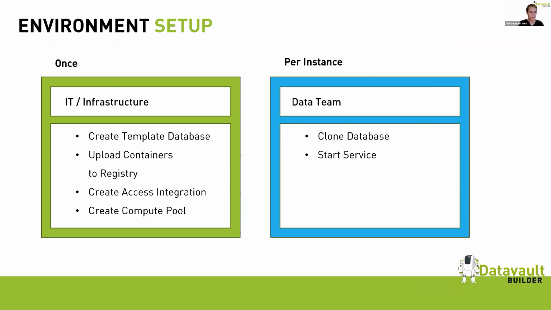For running a Docker image-based application on Snowpark Container Services, what you need to do once is to create an image repository or registry on your Snowflake account, where you can upload and push the container images, so that they are afterwards usable for the services which you are creating.